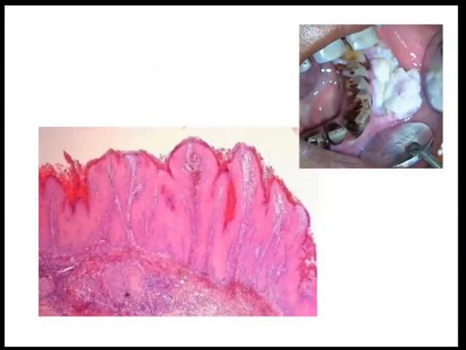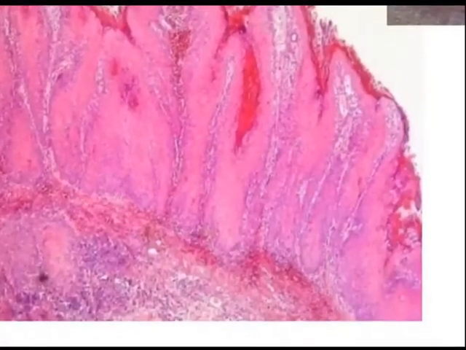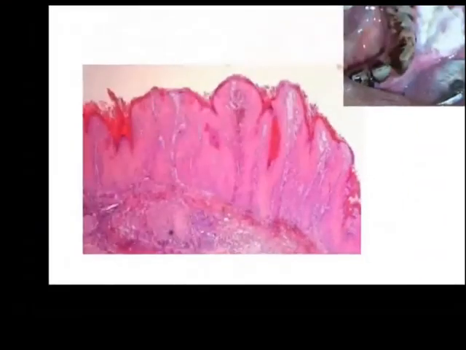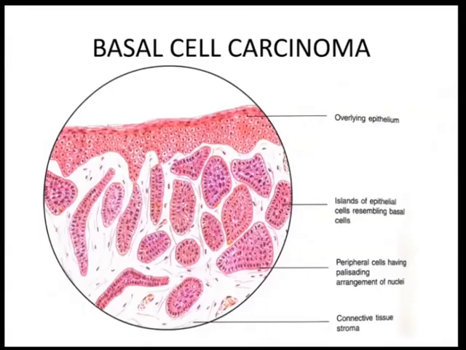To the right side corner you can see a wart-like or exophytic growth, a clinical pic, and below is once again a histological pic, wherein you can see both exophytic as well as endophytic growth with the dense inflammatory infiltrate in the connective tissue.